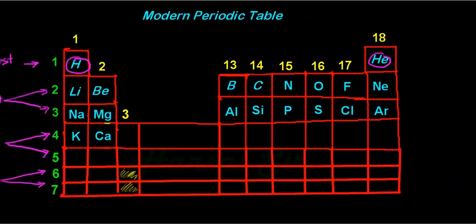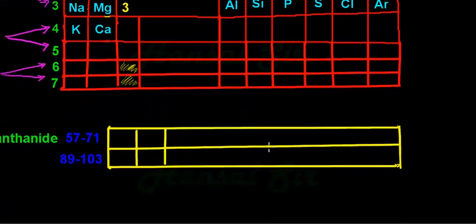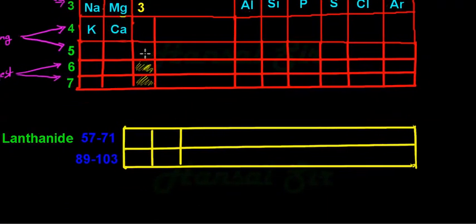Now, if you notice in period 6 and period 7, we have one important thing. In group 3, in periods 6 and 7, there are atomic numbers 57 to 71, which is attached over here, and atomic numbers 89 to 103, which is attached in period 7.